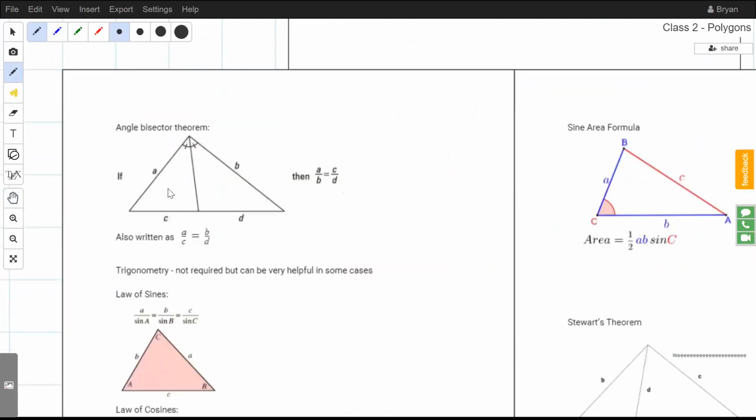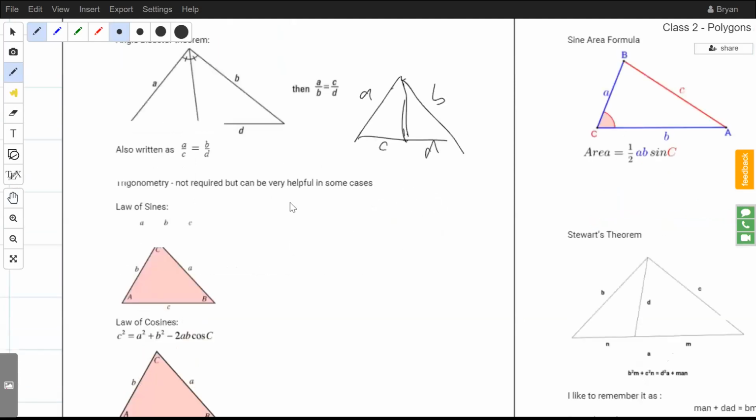The theorem basically states that, as labeled in the diagram, when you have an angle bisector, the ratio of the adjacent side to the segment on the opposing side of the angle is such that A over B is equal to C over D. Although I think it's easy to remember as A over C is equal to B over D. I won't prove this, but just know that it's true.